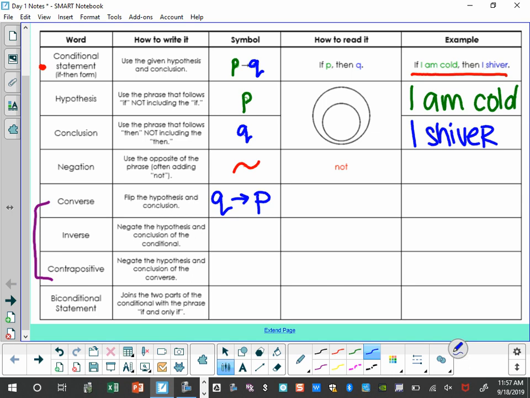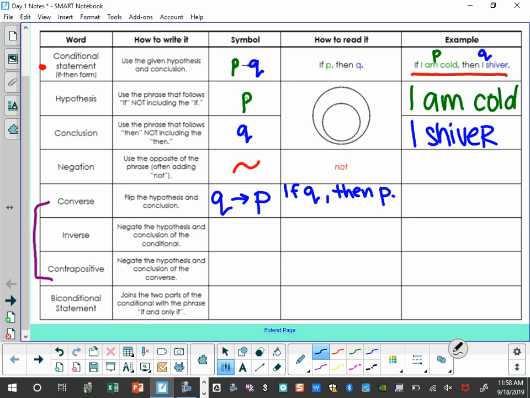And the way that we read this is going to be if Q, then P. The converse is just the opposite of the conditional. So if my original example was if I am cold, then I shiver, we said if I am cold was the P, then I shiver was my conclusion, so that's Q. If I flip those: if I shiver, then I am cold.